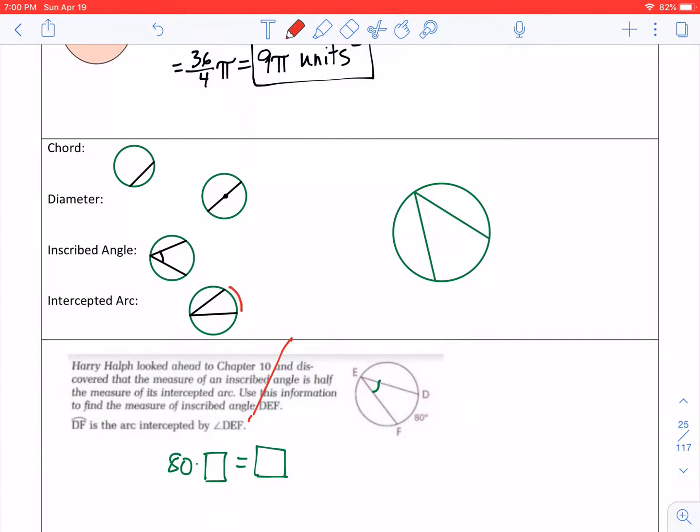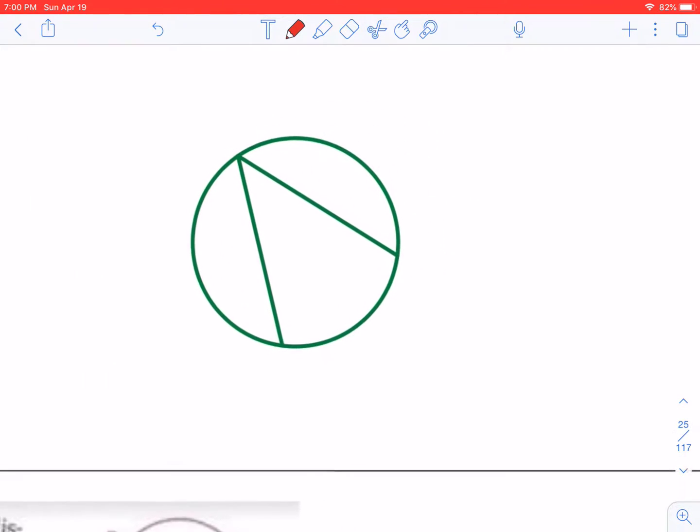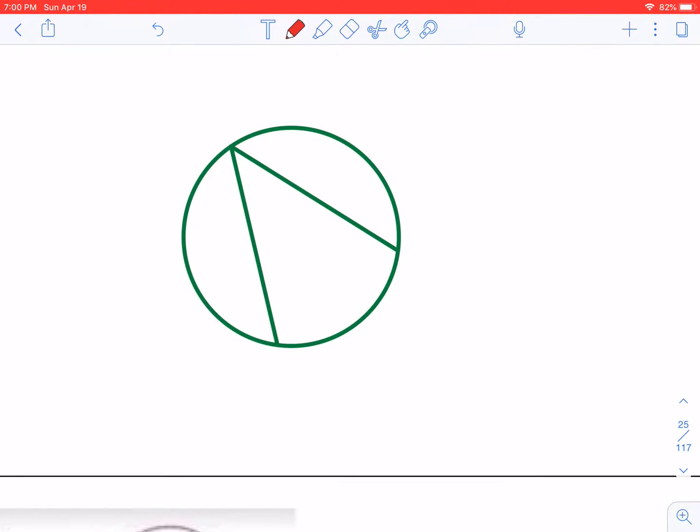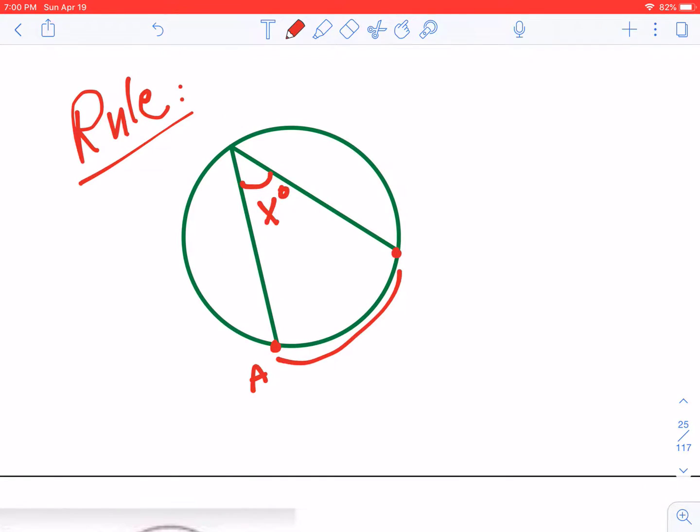All right, one last example here. Please pay attention because for that last intercepted arc, there's a rule. Let's put the rule here before we do a problem. And the rule is that this angle here, call it x degrees, is related to this intercepted arc AB. And here is the relationship.